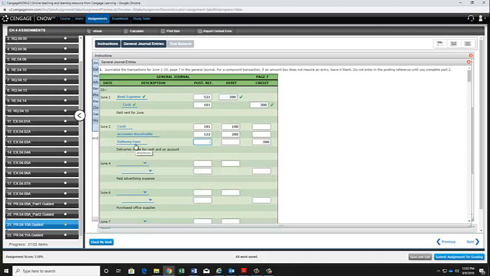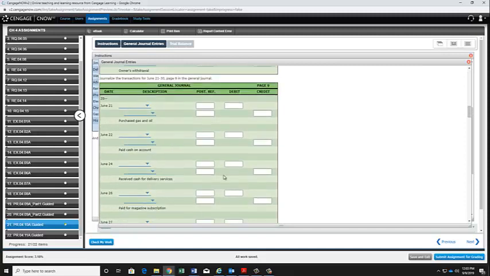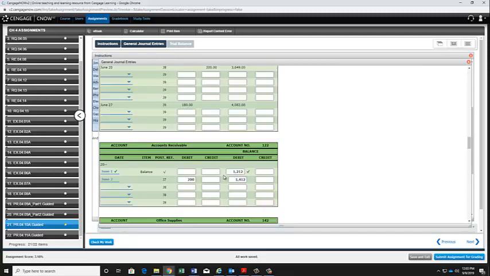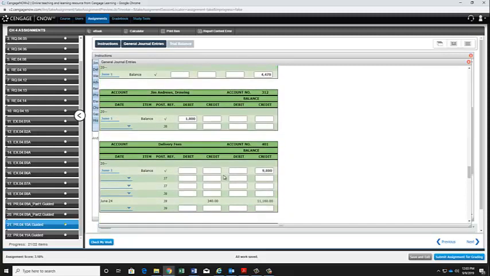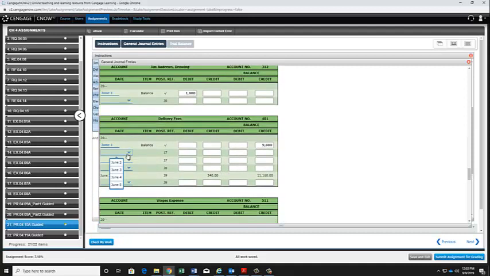Next is delivery fees. It was credited for 300. So let's go find delivery fees. And on June 2nd, it had a credit of 300. It already had a credit of $98.80. So if we add the $98.80 credit with the 300 credit, we get a credit.